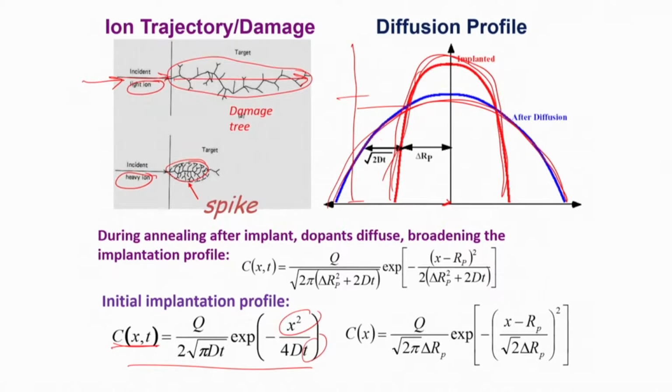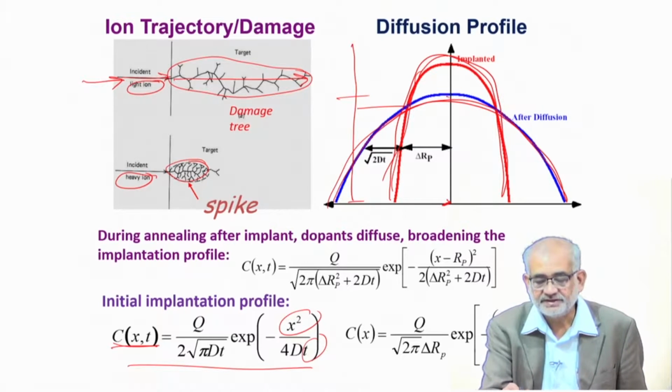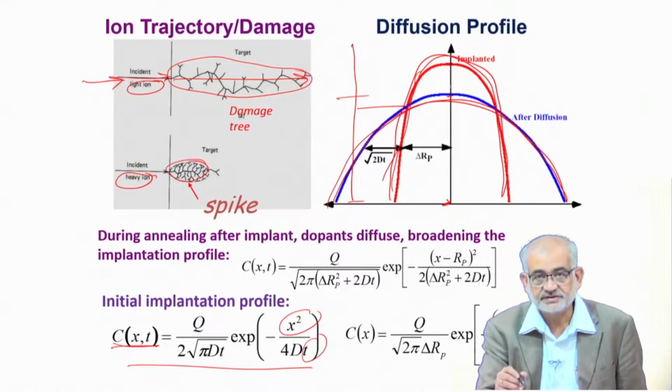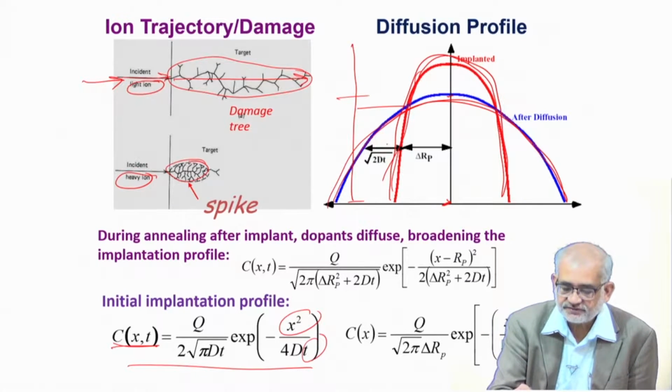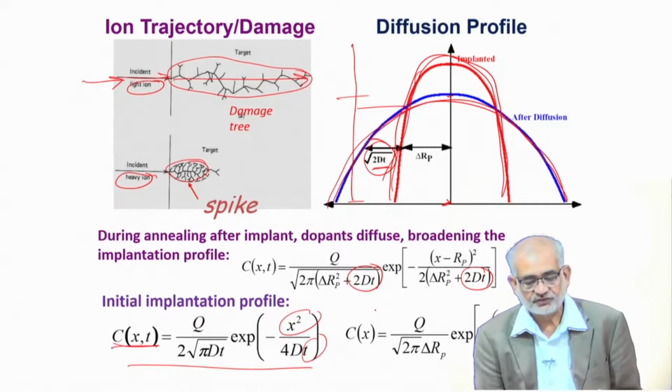Depth-wise, the initial profile is deeper and narrower, and after annealing, the overall width will be wider, so it will spread wider, but the peak concentration will be lower. That is purely because of this thermally activated diffusion component, root over 2Dt. So this diffusion contribution will make certain changes in the overall profile.